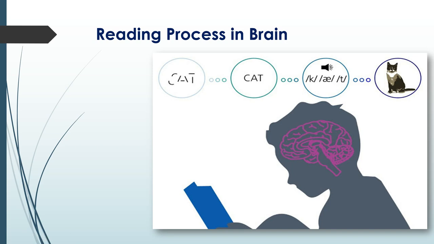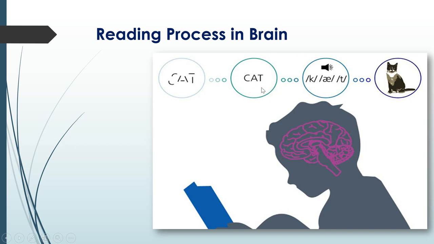In the next step, these letters take some shape: from this broken C it becomes a complete C, then this broken A becomes a complete A, this broken T becomes a complete T. Here the brain does word recognition.